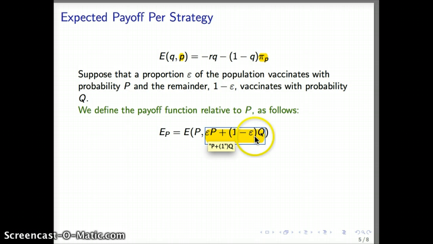P is a probability, Q is a probability, and epsilon and 1 minus epsilon are weights on the scale 0 to 1. So this sum is still a probability, and it will be the level at which the probability of infection will be considered, the probability of getting infected exactly when these many individuals are receiving immunization in the population.